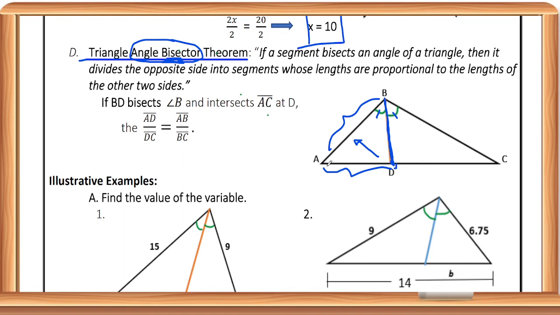So etong segment na to, over ang corresponding parts niya is this one. At eto naman, ang corresponding part niya would be this one. So kung kukunin mo yung ratio ng AD over DC, okay, AD. Anong corresponding parts ng AD?